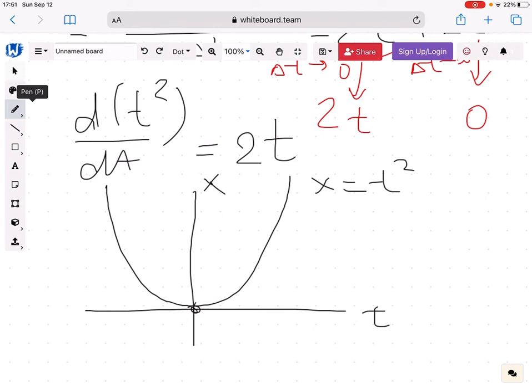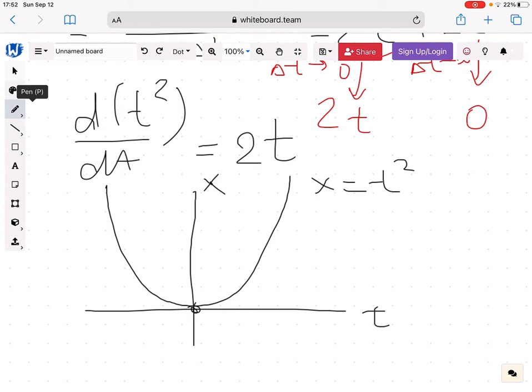If you remember what we talked about in the previous video, we said the derivative is the slope of a line called the tangent line, which is the line that touches this curve.